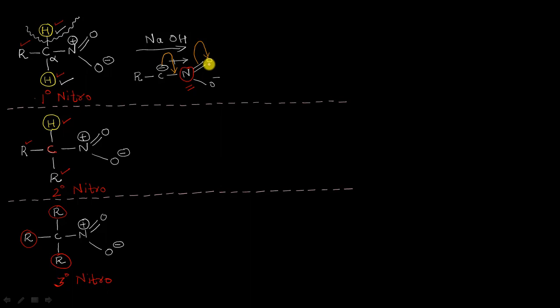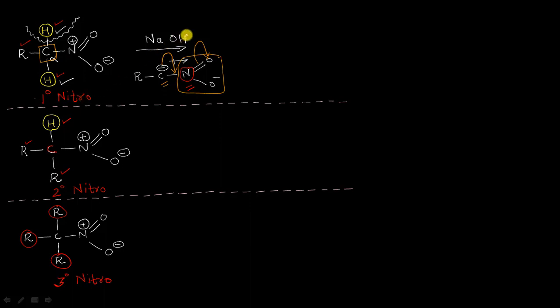Because of this, the negative charge is also stabilized and dispersed by the nitro group adjacent to this carbon atom. So finally we can say that the protons present at the alpha position to the nitro group are actually acidic in nature, although weakly.